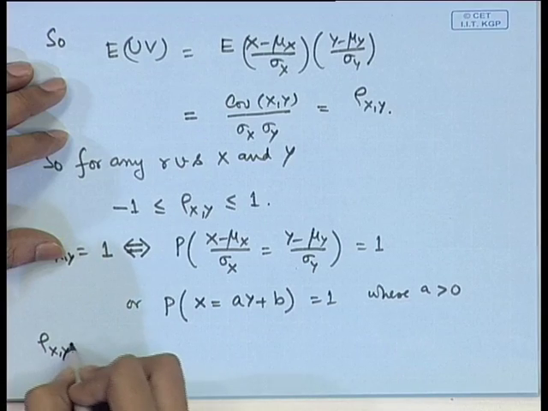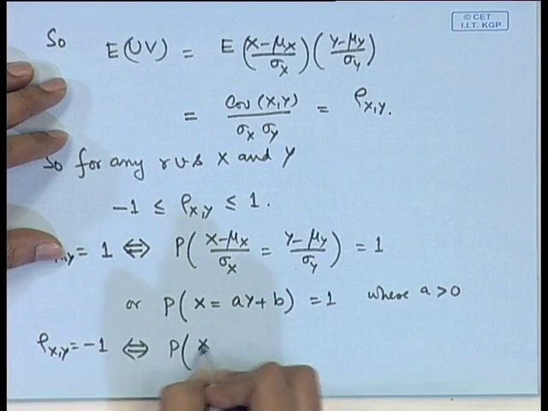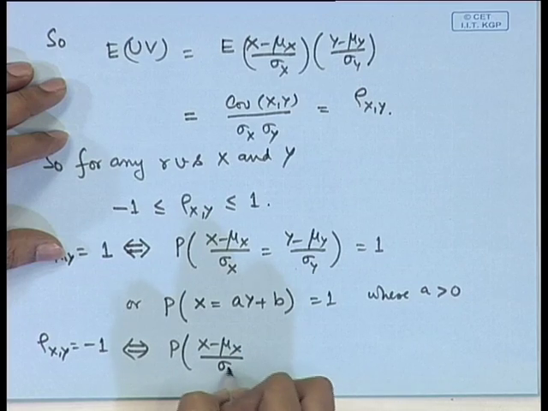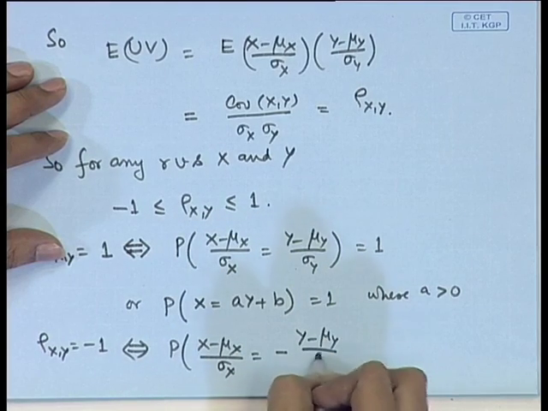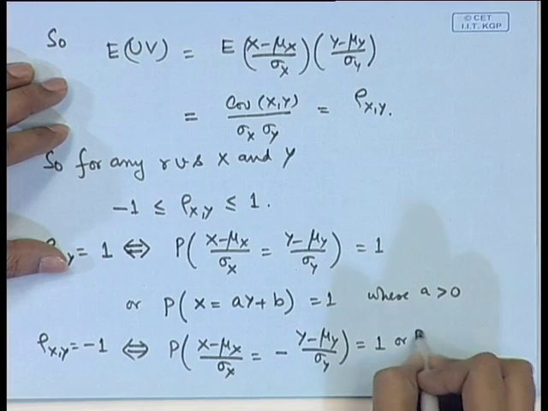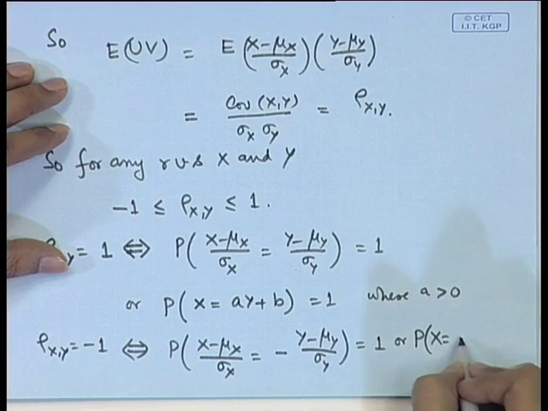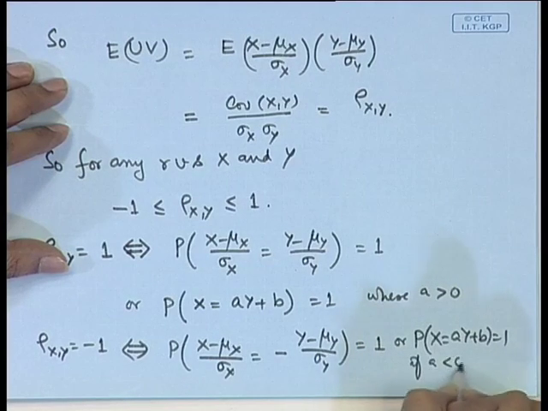Similarly, rho x y is equal to -1 if and only if (x minus mu x) by sigma x is equal to minus (y minus mu y) by sigma y is equal to 1, or probability that x is equal to a y plus b is equal to 1 if a is negative.